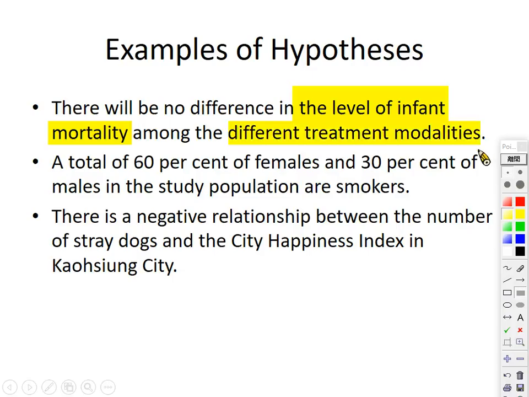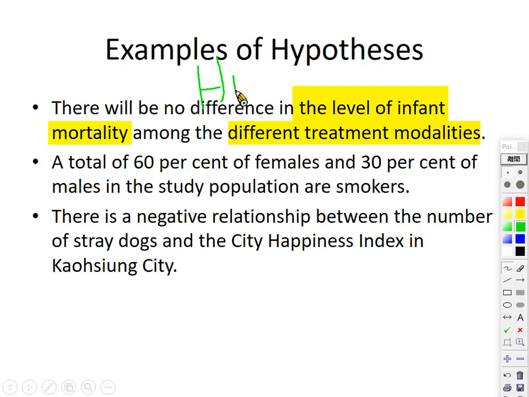Suppose we have 4 different modalities, 1, 2, 3, and 4. For these 4 different kinds, there are no differences in the level of infant mortality. So look here, this is the hypothesis. We call this H1, the research hypothesis.